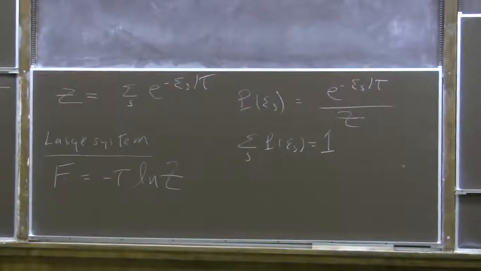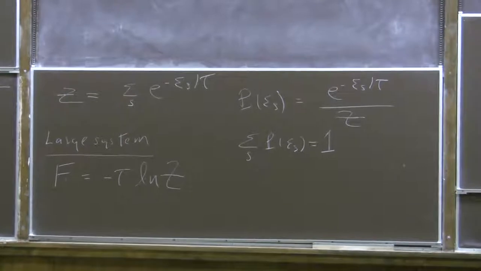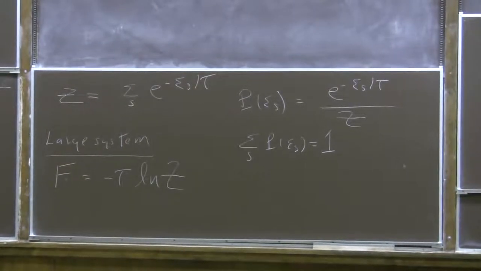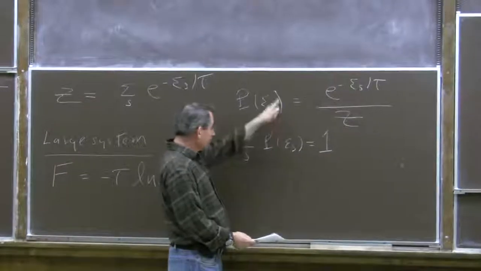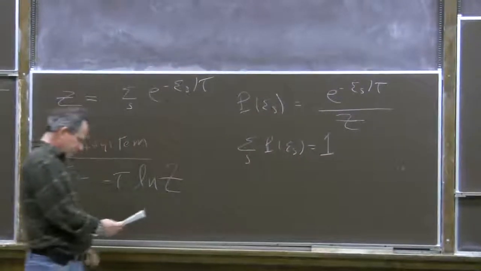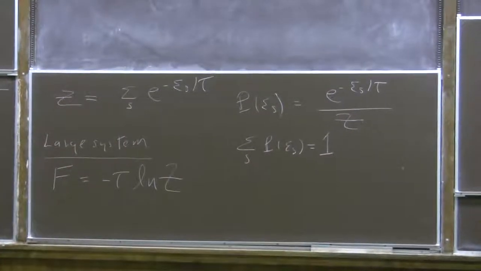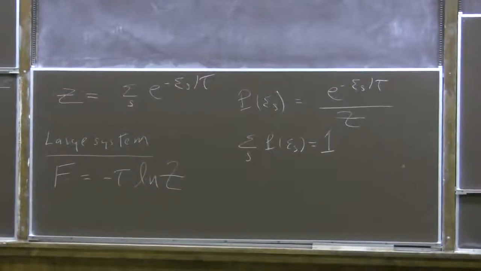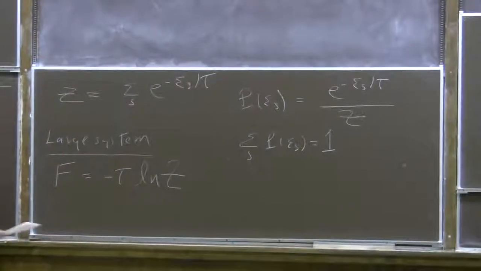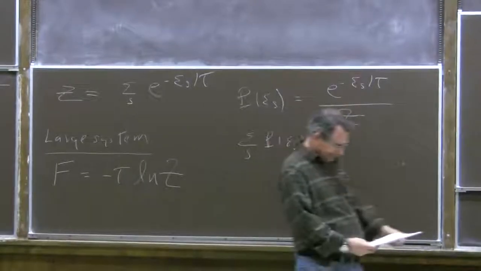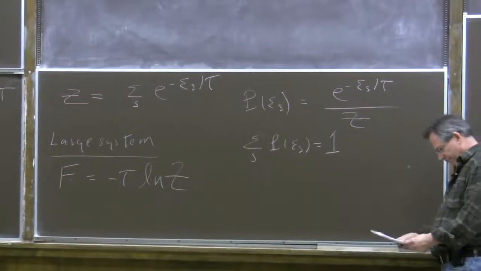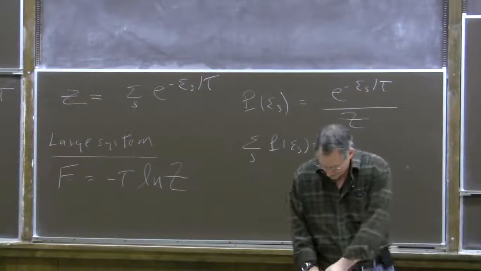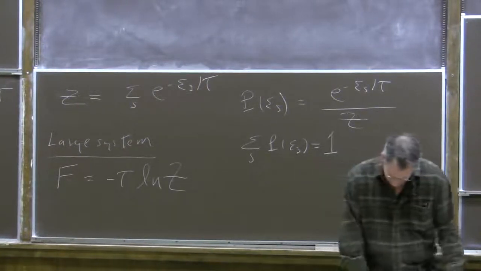And in general, whether the system is large or not, we can express the value of the energy averaged over this Boltzmann ensemble in terms of the partition function, which I guess is tau squared dU d tau.